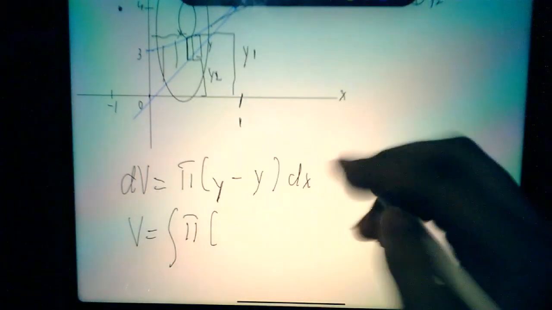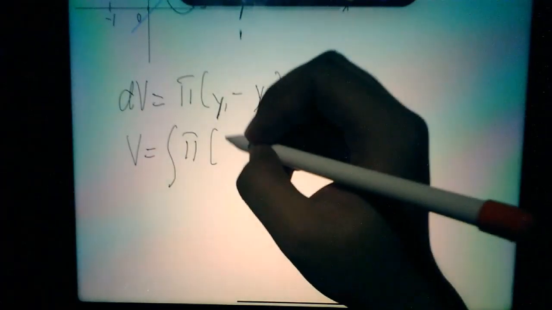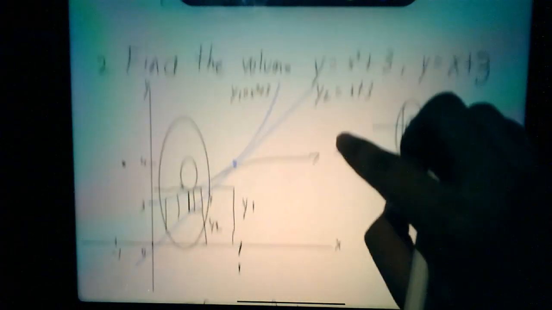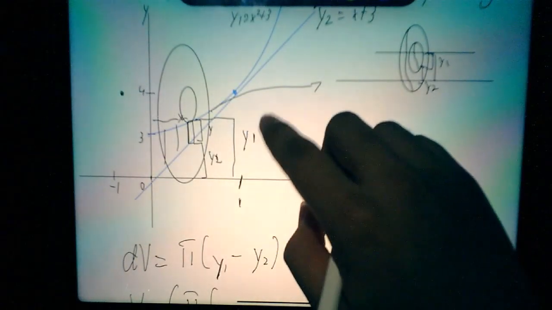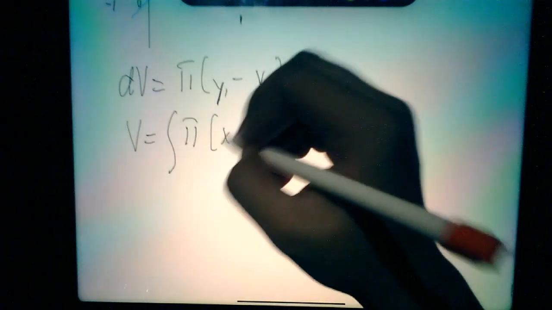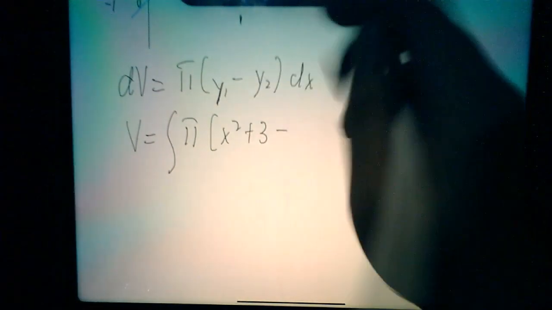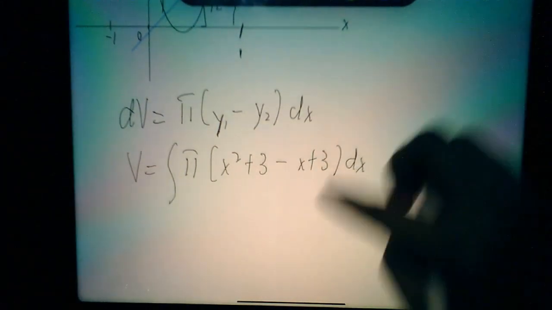Since y1 is bigger than y2 here, we take y1 minus y2. So pi, y1 here is x squared plus 3, minus y2 here is x plus 3, dx. Now we're ready to integrate this problem.